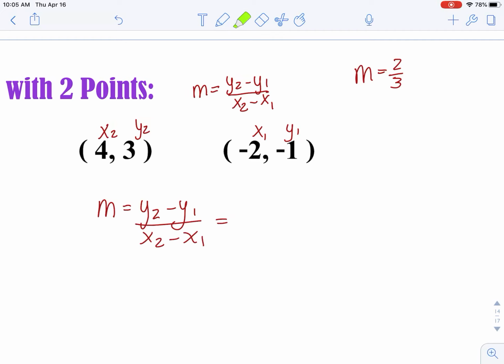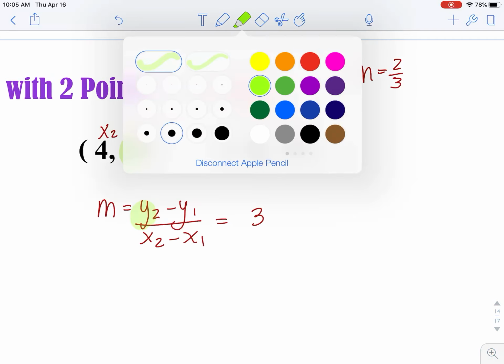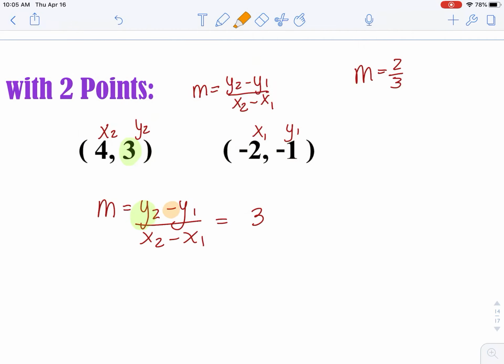I'm going to plug in my y2, which is 3. And now I'm going to plug in my minus sign, which is minus. And let's look, my y1. y1 is -1. -1 gets plugged in.